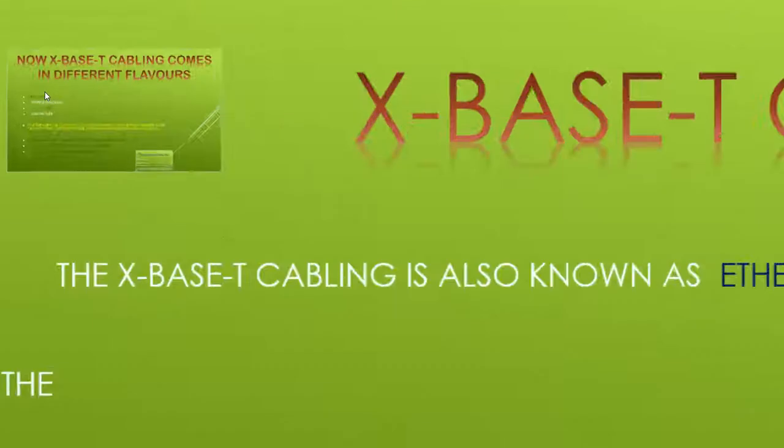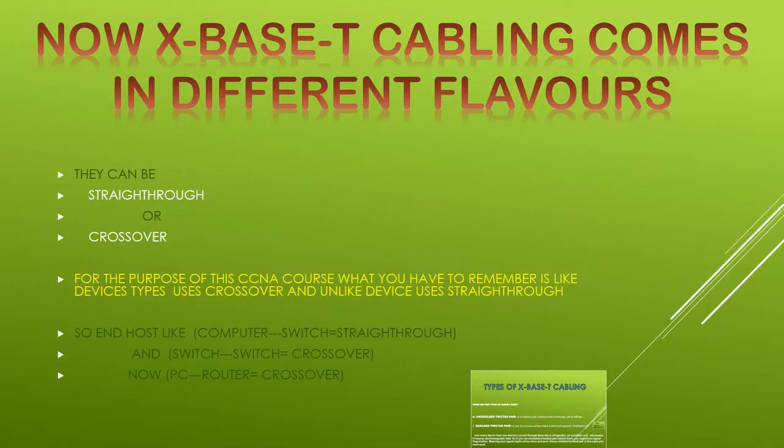Now XBASET cabling comes in different flavors. They can be straight through or crossover. For the purpose of this CCNA course, what you have to remember is that like device types use crossover, and unlike device types use straight through.